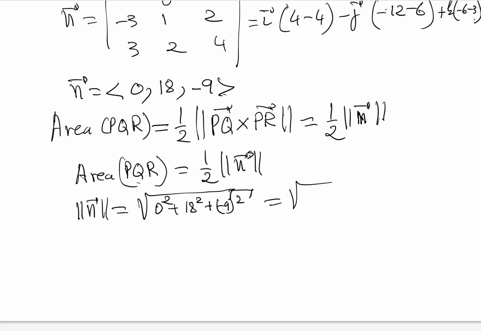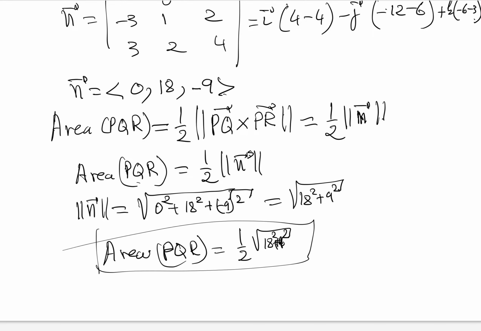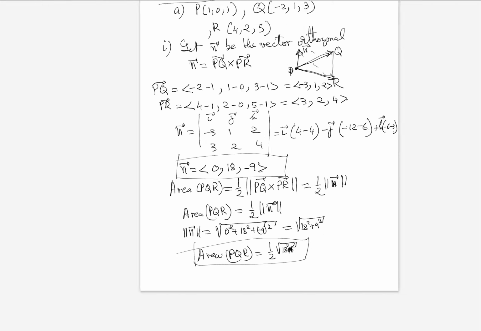So this is just the square root of 18 squared plus 9 squared. So now the area of PQR will become 1/2 times the square root of 18 squared plus 9 squared. And that's it. That's the question they ask you, and that's also the first question they ask you. This is the second question they ask you.